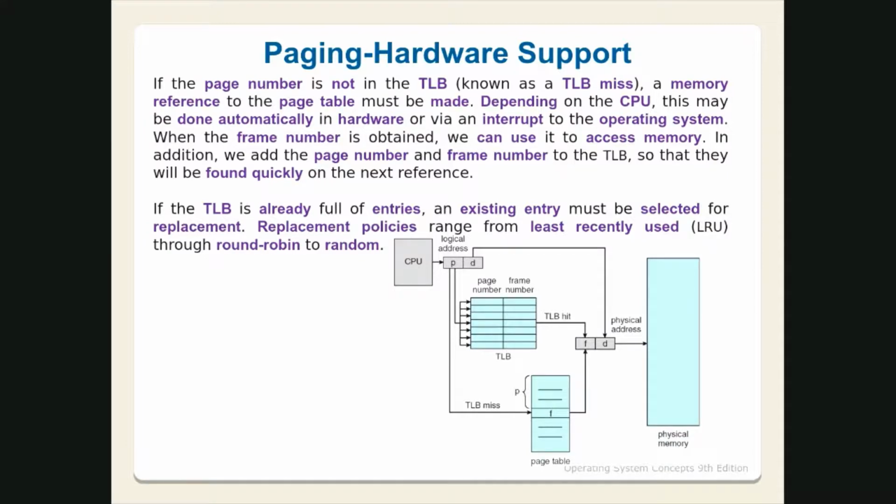Remember this point. So you can use a special small, fast cache memory that you call a buffer. What is the proper name? Translation look-aside buffer, written here as TLB.